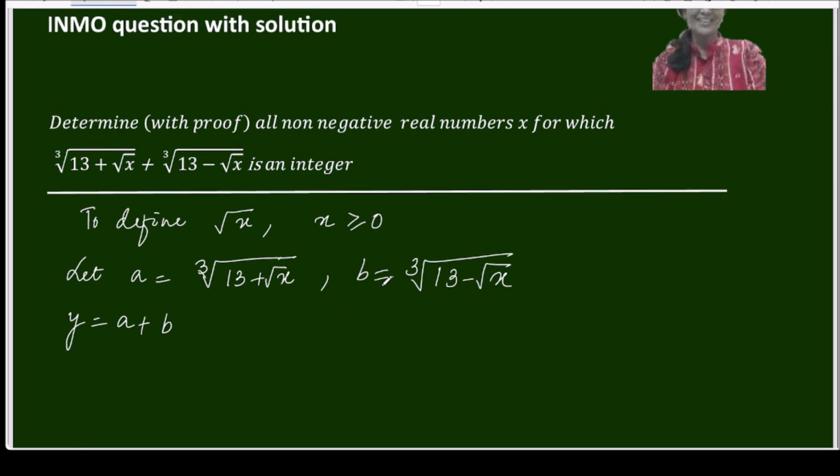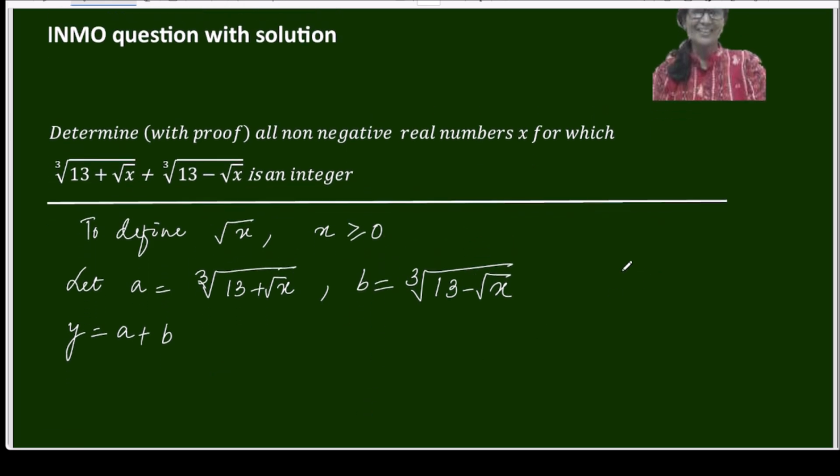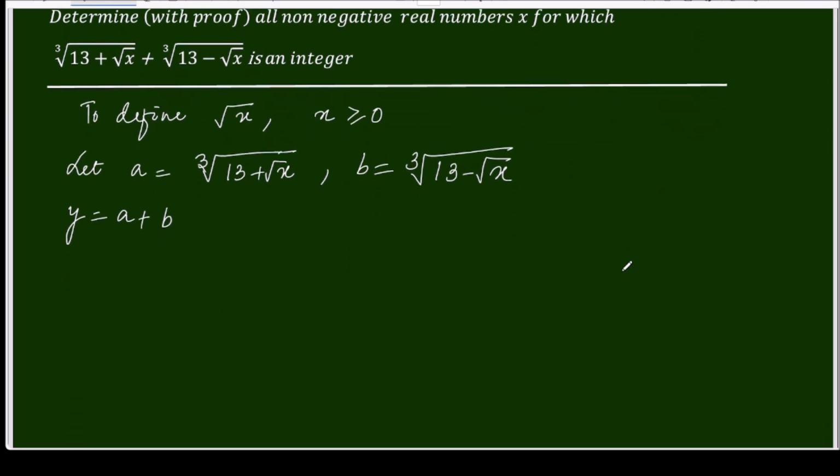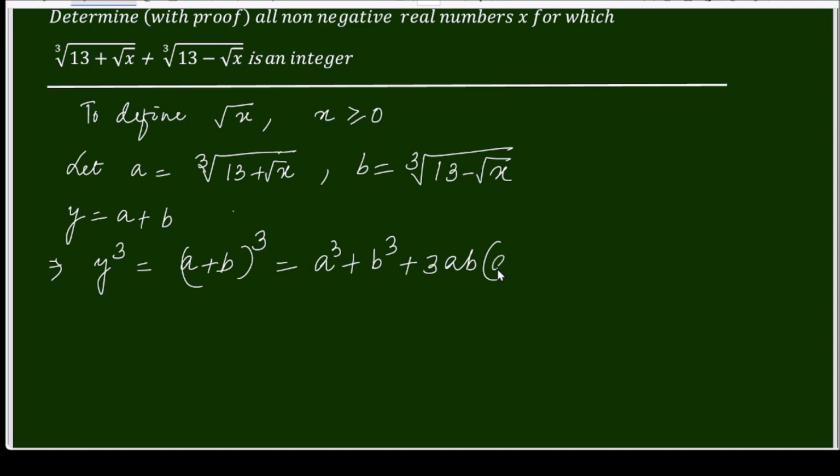I am not claiming this is the only method. I think according to me this is an easy process to show this. Now if I take cube on both sides, I'll get y cube equals a plus b whole cube. That will be a cube plus b cube plus 3ab within bracket a plus b.